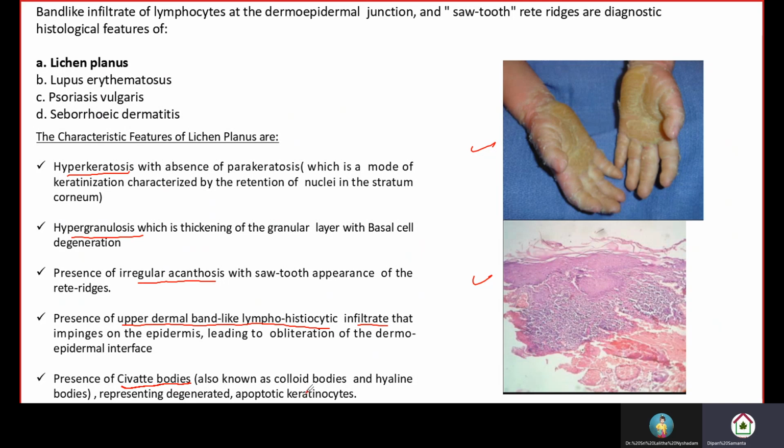These are colloid bodies or hyaline bodies, representing keratinocytes which are degenerated and apoptotic. So basically, Civatte bodies are dead or degenerated keratinocytes.